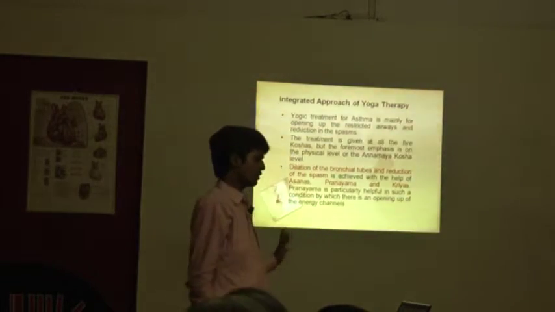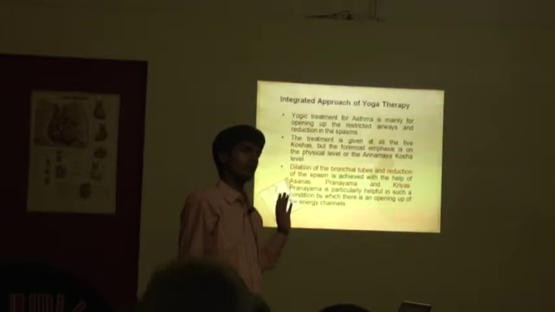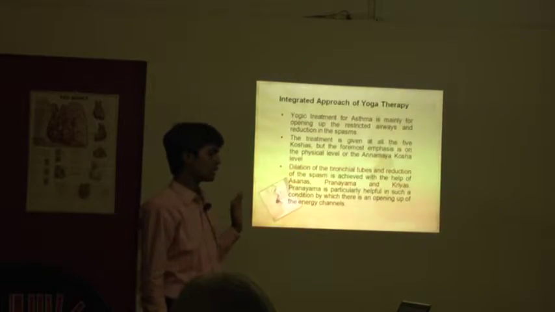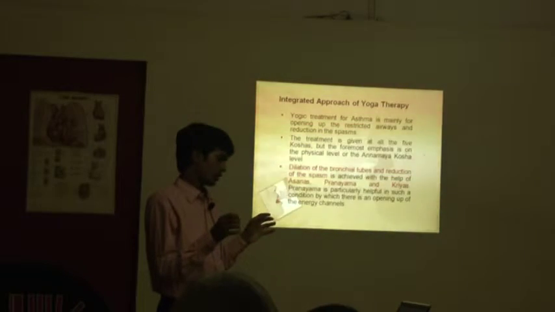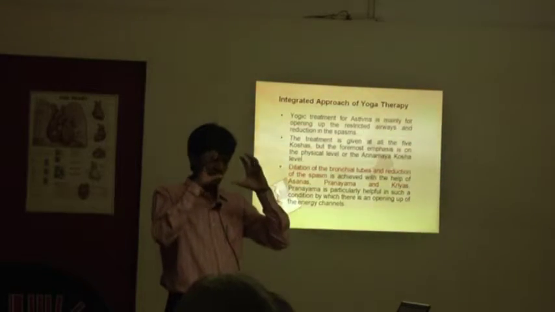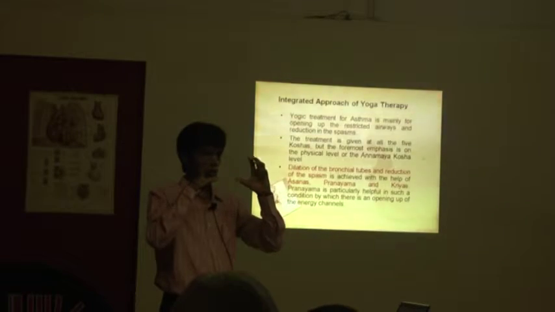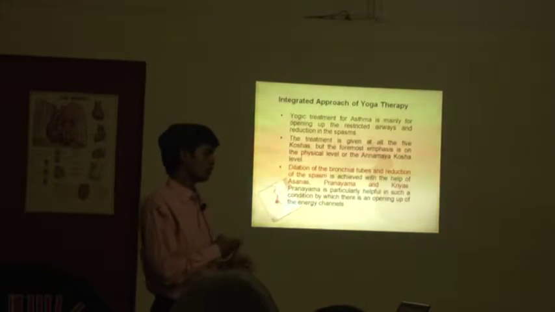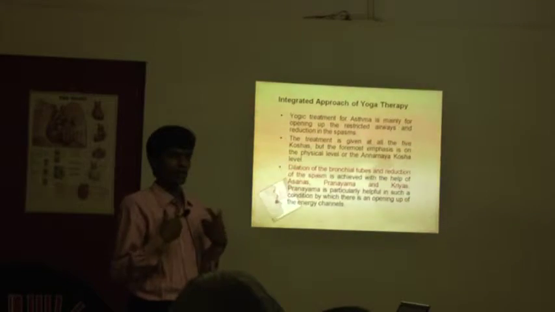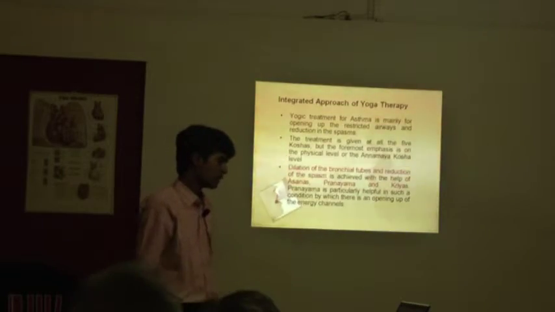So when it is about asthma, the main role of yoga will be to bring down the spasm in the bronchial tubes. The spasm, that is the constriction, is brought back to normal, and yoga helps in clearing the pathways of the channels of breathing through different asanas, pranayams and kriyas.